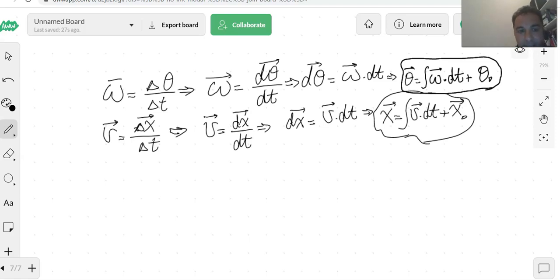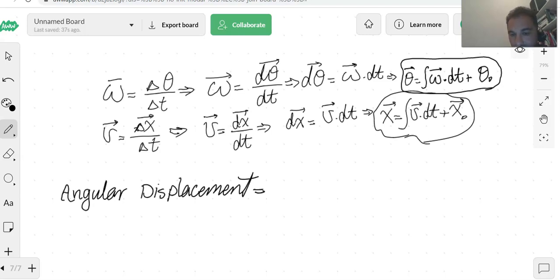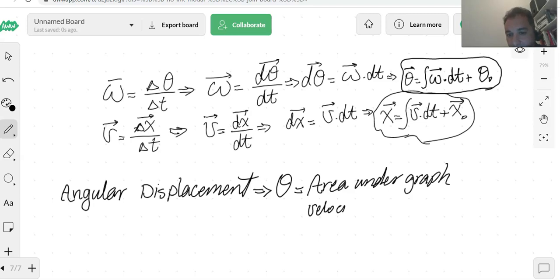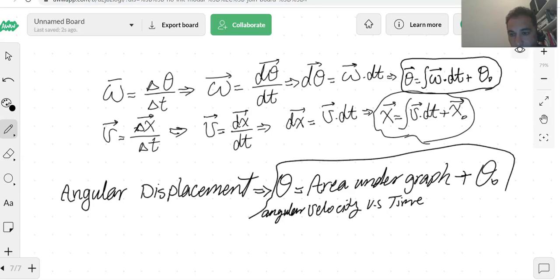Here we can say displacement in angle, or angular displacement, which is theta, is the area under the graph of angular velocity versus time, plus theta naught. Very important equation.